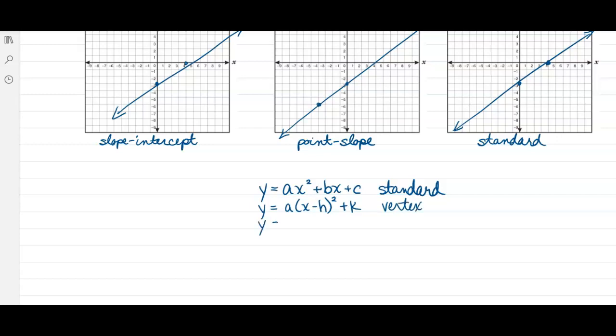And we also can use factored form, where we take the quadratic and factor it, which you probably remember doing back in Unit 1 earlier this year. I'm just going to use P and Q and call that factored.